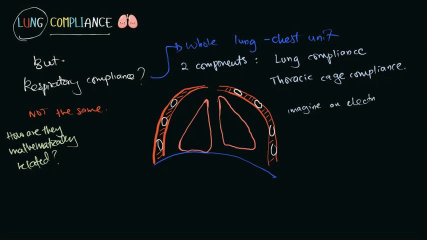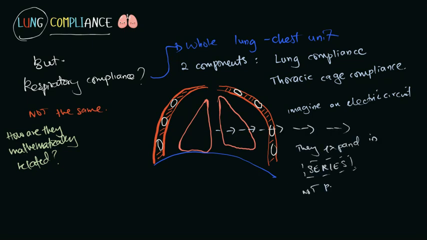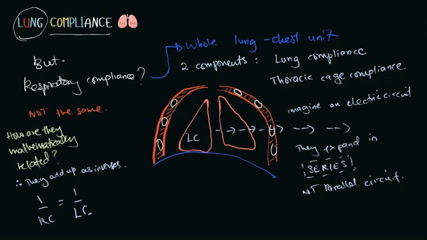Owing to their arrangement, imagine they are arranged as an electric circuit. They are arranged in series, not a parallel circuit. Therefore, when you want to add up, they add up in inverses. Therefore, 1 over respiratory compliance is equal to 1 over lung compliance plus 1 over thoracic cage compliance.